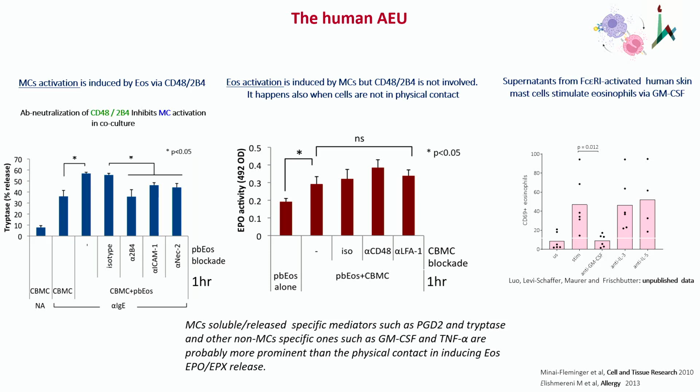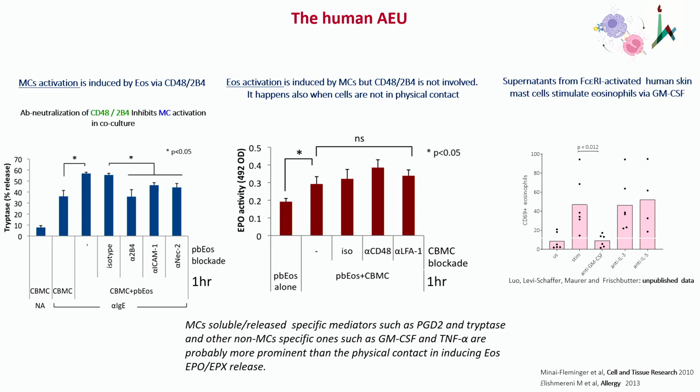So if we have isolated cord blood muscles and we activate with an IgE-mediated mechanism, we have roughly 40% of tryptase release, and if we add in co-culture with contact eosinophils from peripheral blood, you can see how the release of tryptase is increased. And it is partially decreased by anti-2B4 and also other receptors such as ICAM1 and Nectin-2.